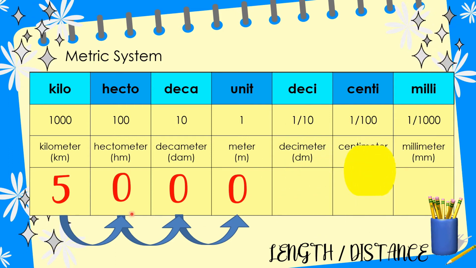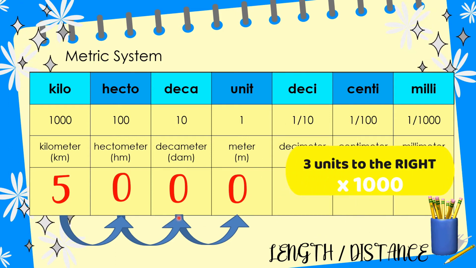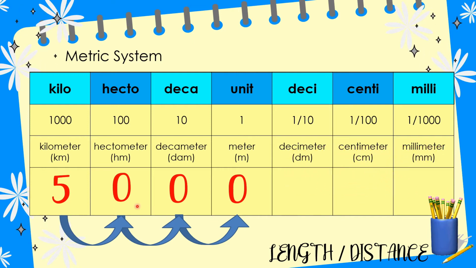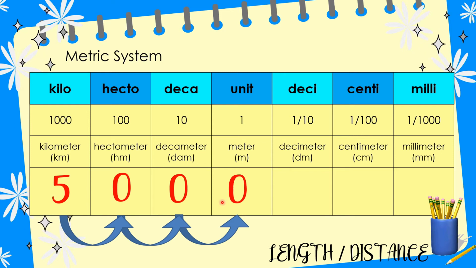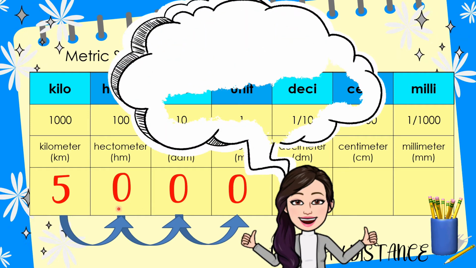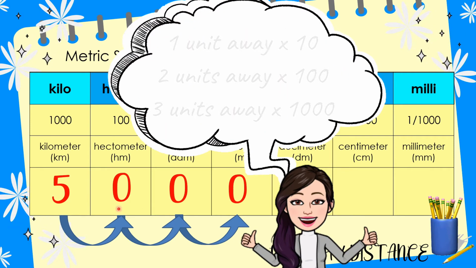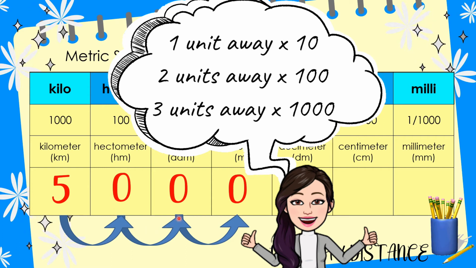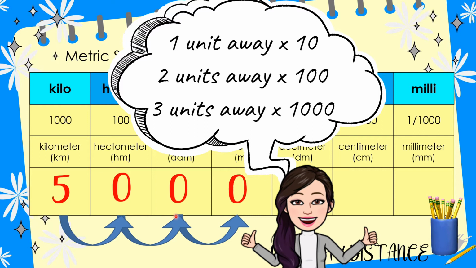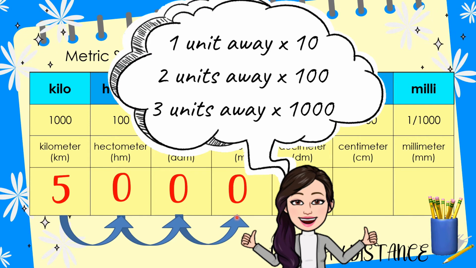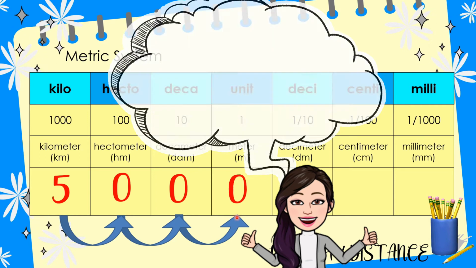Napansin natin na dahil 3 units away na sila sa isa't isa, mas tumaas na yung ating multiplying factor. At kung susuriin yung maigi, na bawat unit away, ang difference nila is 10. So kapag 1 unit times 10, 2 units naging times 100, 3 units naging times 1,000.